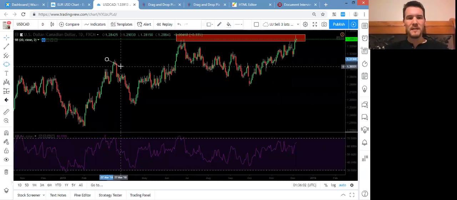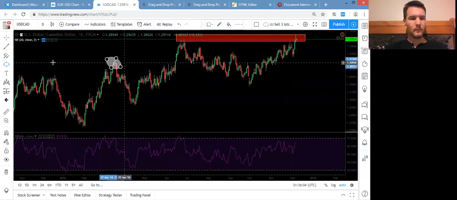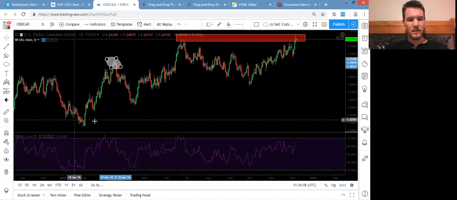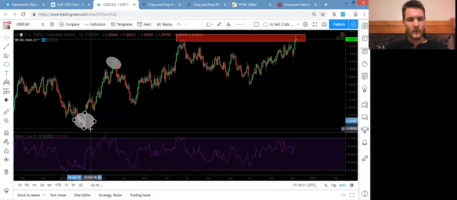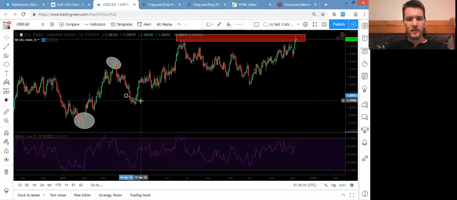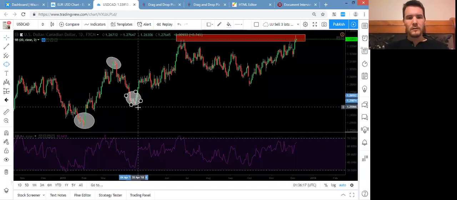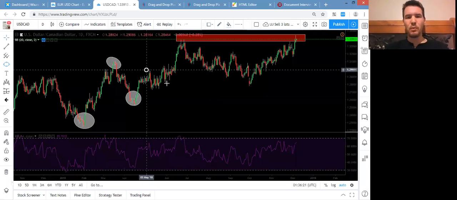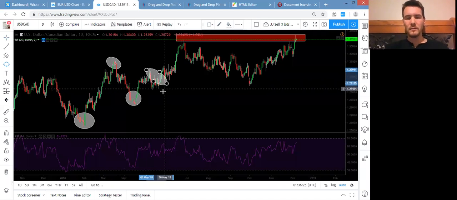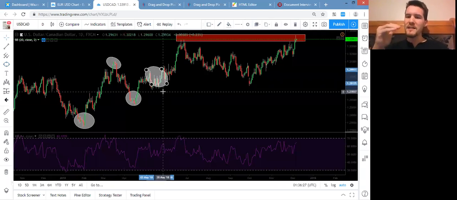Right here is a base. Right here is a base. Right here is a base. But we're also looking for these consolidations. Price likes to hang out here. If price likes to hang out in that spot, guess what it's going to do when it comes back to that spot? Probably the same exact thing, right?